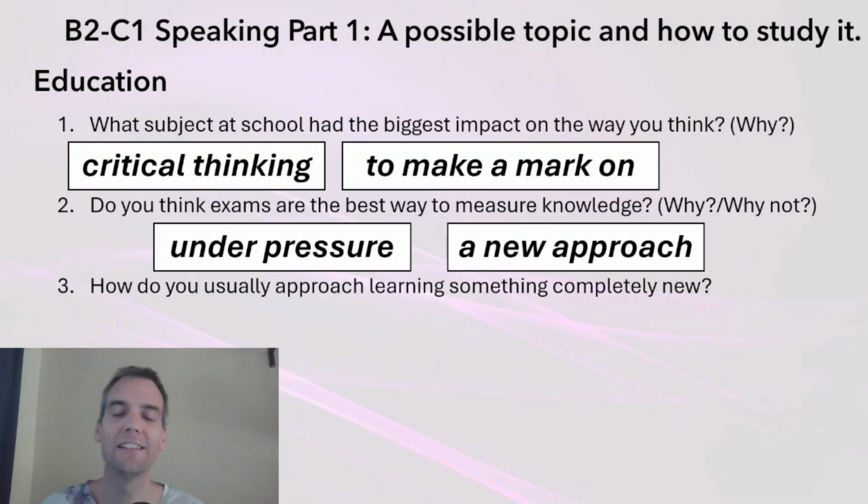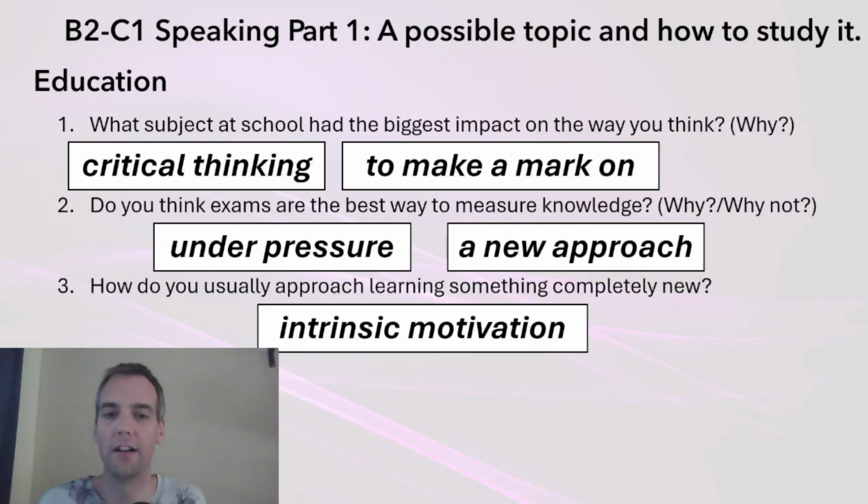On the other hand, sometimes you do. Sometimes you have to work under pressure, so it's useful. But maybe a new approach would be more fair because people need to show what they've learned in different ways. And you're saying typical ideas like that about the pros and cons of exams, about having memorized things, learning skills, and so on.